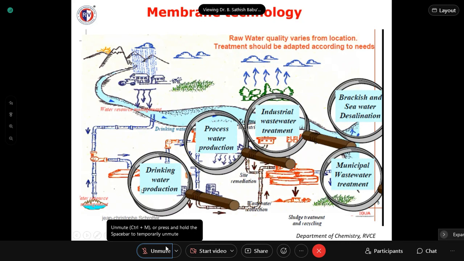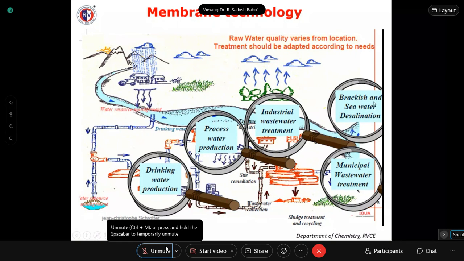See here, for drinking purpose, we need to go for a kind of water purification, right? And also for process water production, if you are going to use this in industrial processes, then also you have to go for another kind of purification, because the specification is different. The specification of drinking water is different. The specification of water which you are going to use in industries is different.